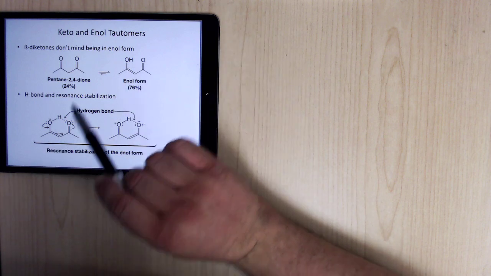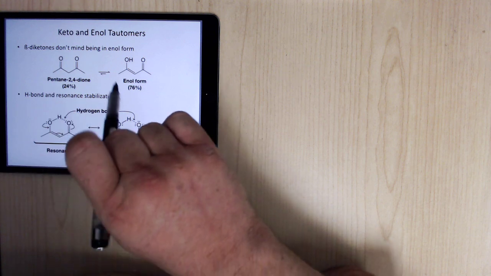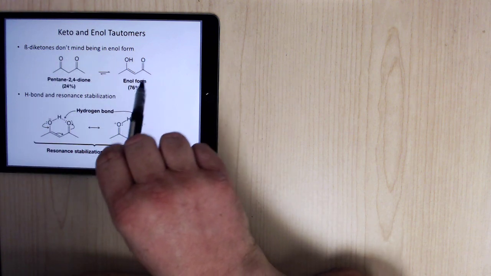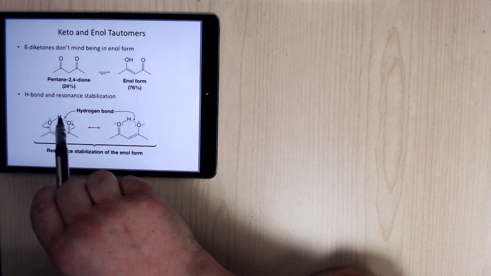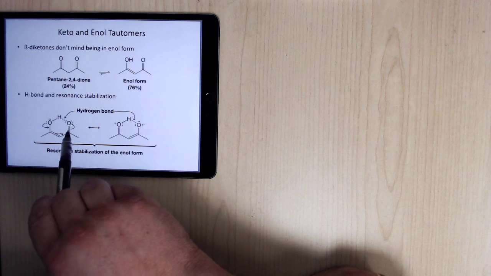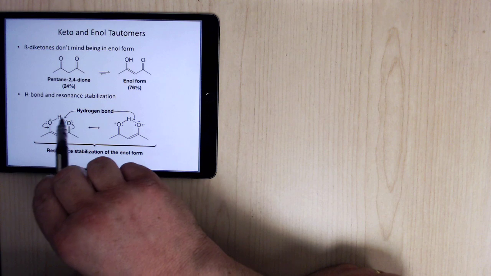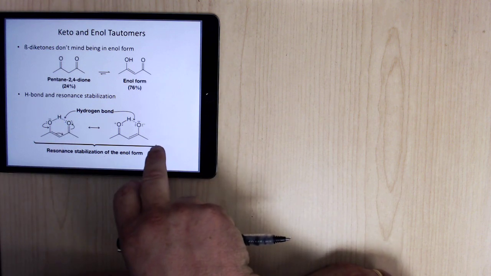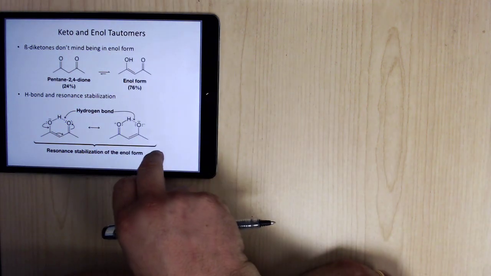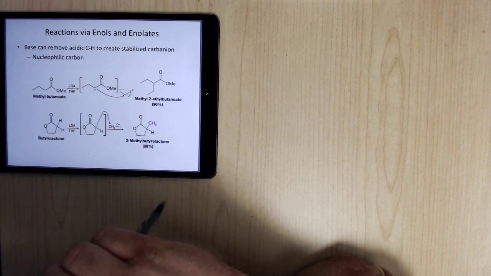I'm sorry, I got ahead of myself. This is actually one of the few times where the enol form is preferred, because we can get hydrogen bonding here, and you can also extend out the resonance. Notice this double, single, double. Plus you get the hydrogen bond there, which is very stabilizing. So in this form, it's fine. It doesn't mind being in that double bond, and because of that, you can use that acidity.